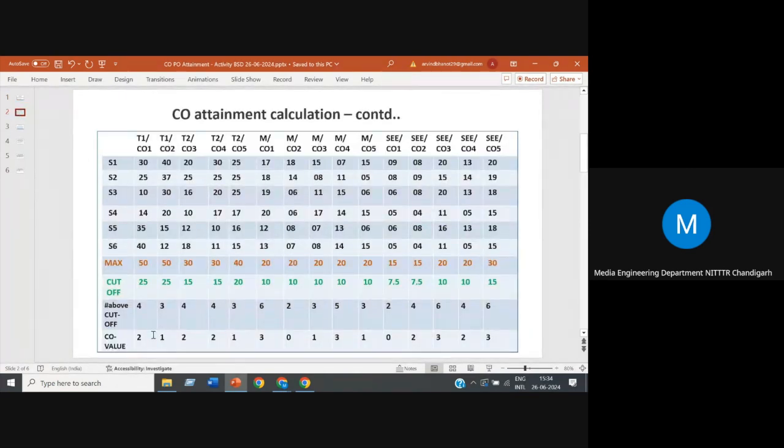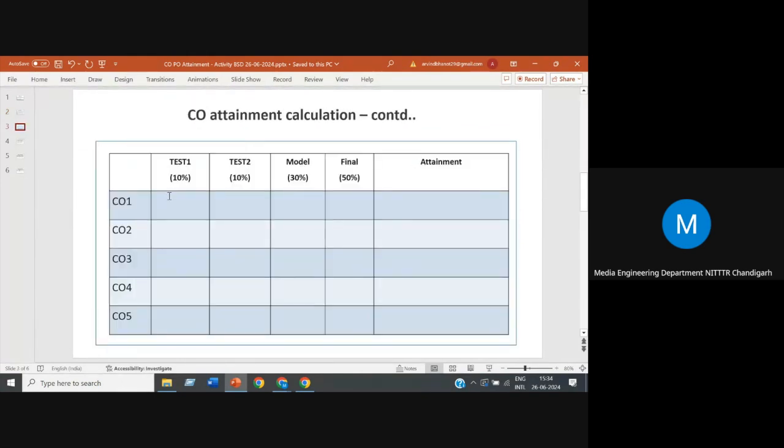So I think there is no issue in these calculations, CO values, right? Now let's move to the next slide. Next, we have to consolidate CO attainment from all assessment tools. So what is CO1 attainment from test 1?